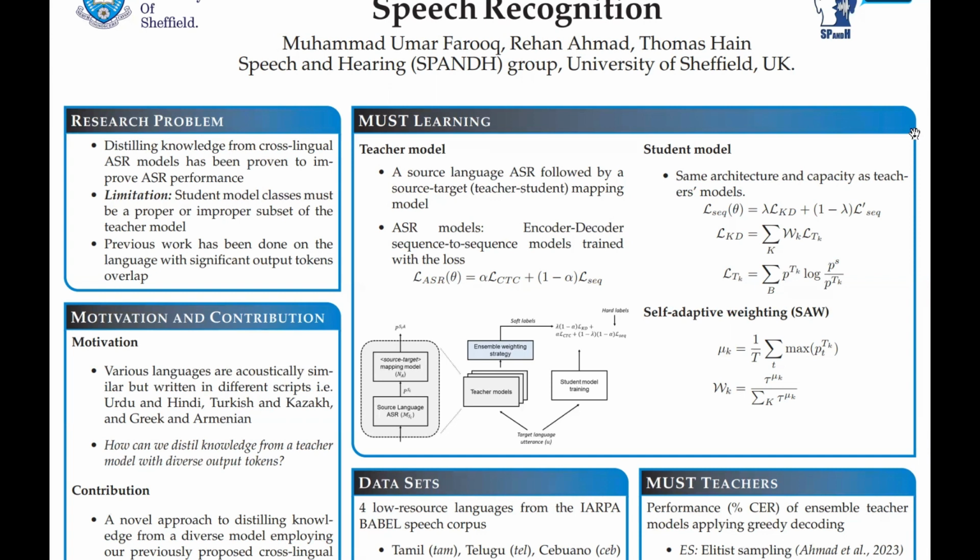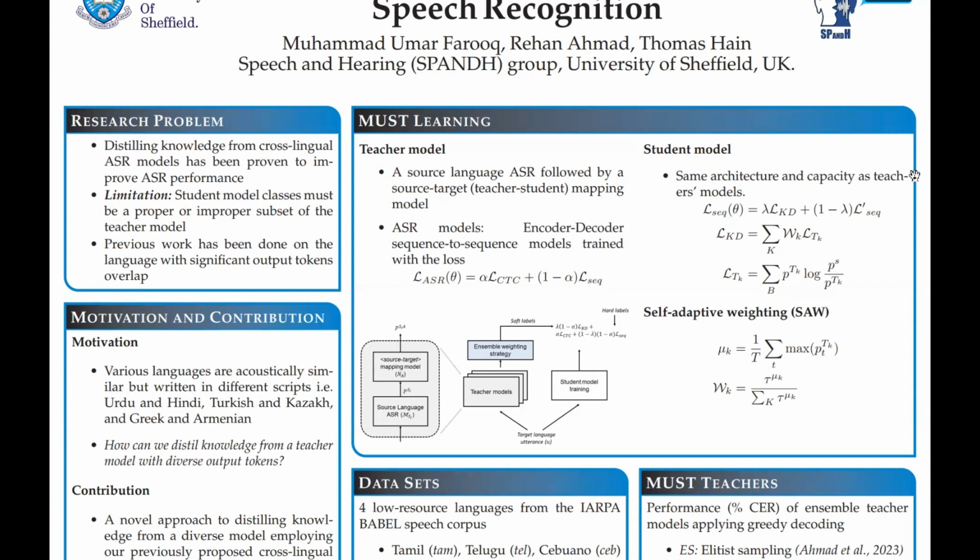But if we want to distill the knowledge from one language to another, and they have different tokens, then it is not possible to distill the knowledge, given the limitation of having the same output tokens for teacher and student models. So the previous work in multilingual knowledge distillation has not explored how to do that.